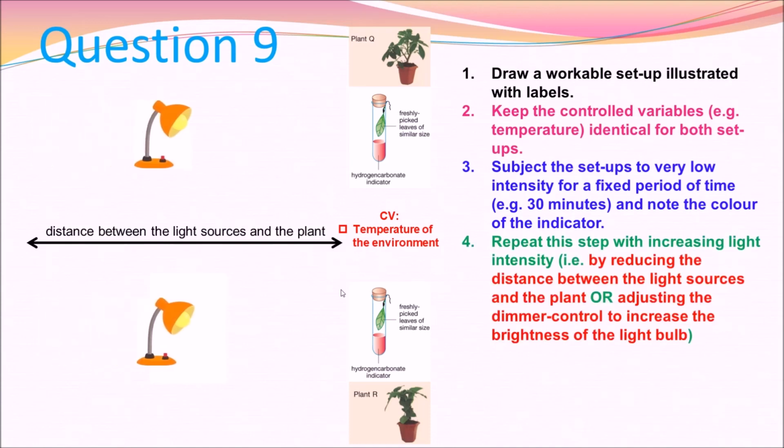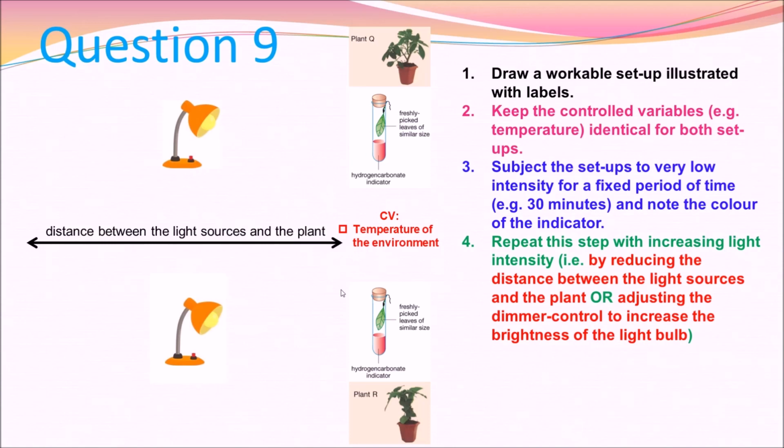For example, repeat the step with increasing light intensity, because we need to make it higher and higher, by reducing the distance between the light source and the plant, and also adjusting the dimmer control to increase the brightness of the light bulb. So those are the possible ways for you to manipulate the variable.